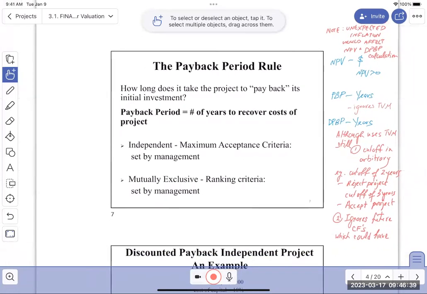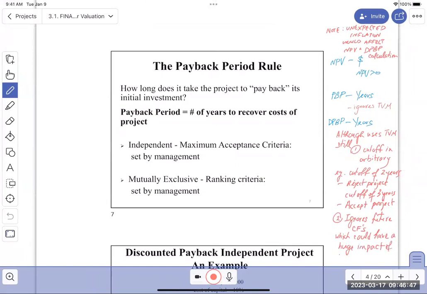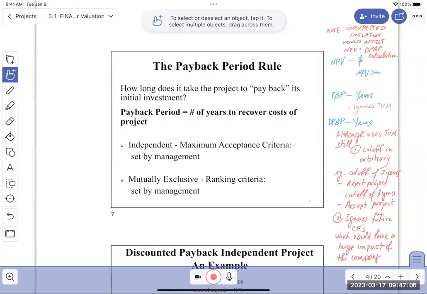In our case, in this example, it doesn't, but I suggest in the example that $3 million is coming in 4 years. Well, that'll have a huge impact.